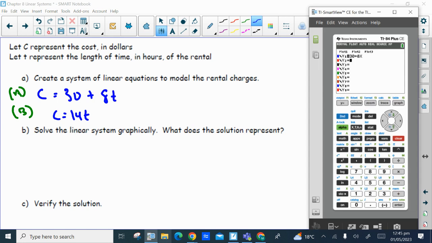The second equation is just 14x. And I'm going to go zoom fit, zoom 0, so the calculator chooses the window for us. We need to see both lines, but more importantly, we need to see that point of intersection, which we do. Second function trace, number 5 for intersect, enter, enter, enter. There's our solution, (5, 70).